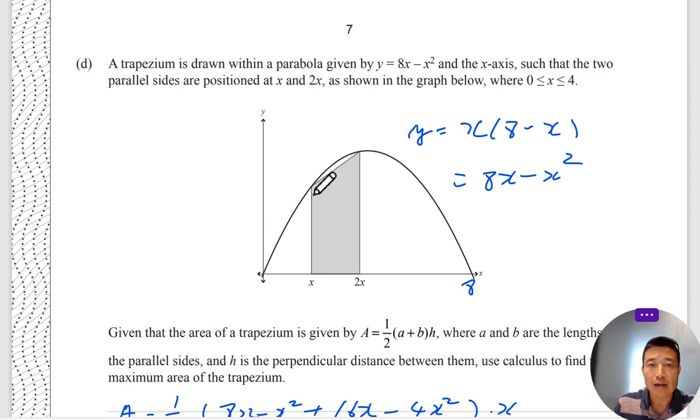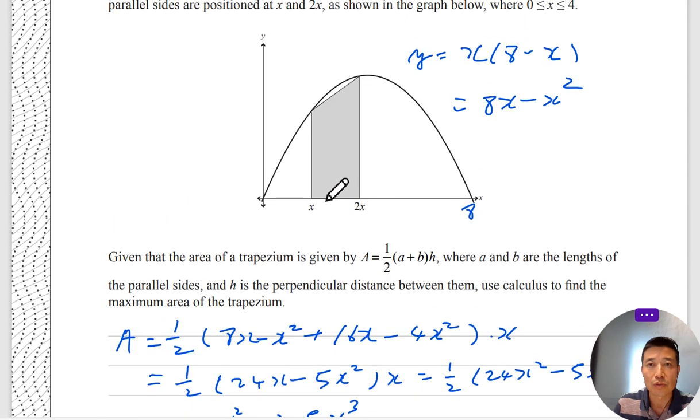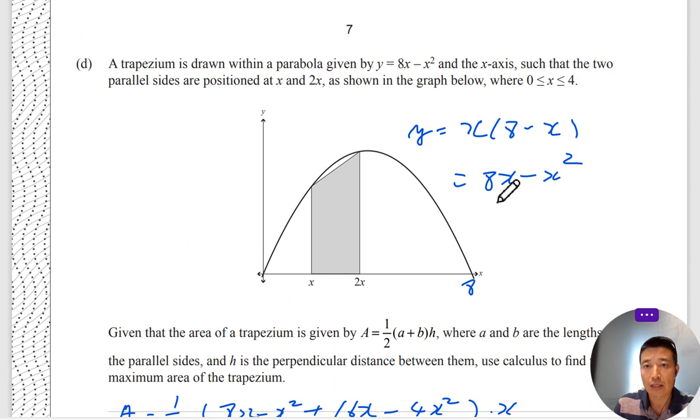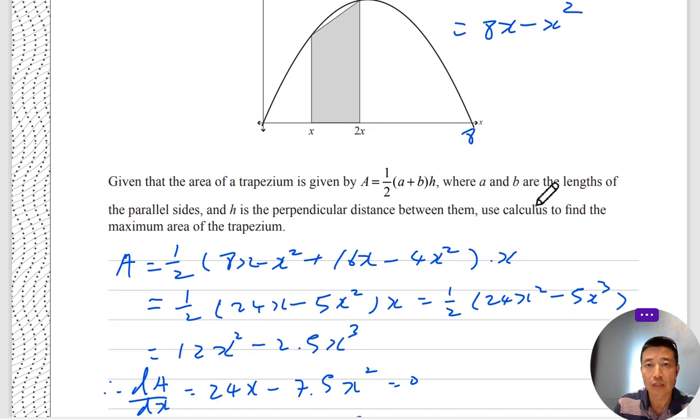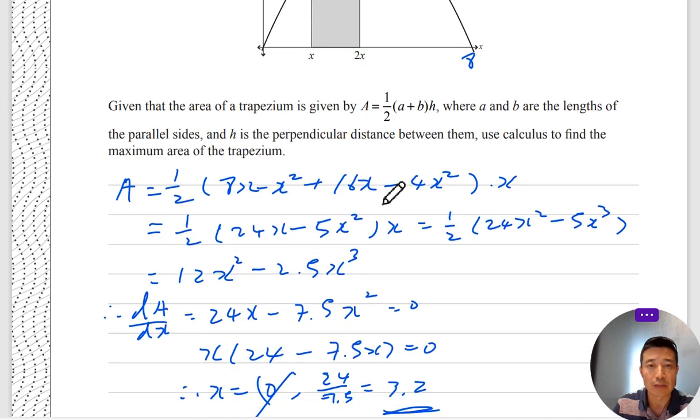So we have to find a and b, right? So a and b are y values. So you plug x into that, so 8x minus x squared. So the reason why I factorized, I just want to know how much that is, 8, right? When you factorize it.